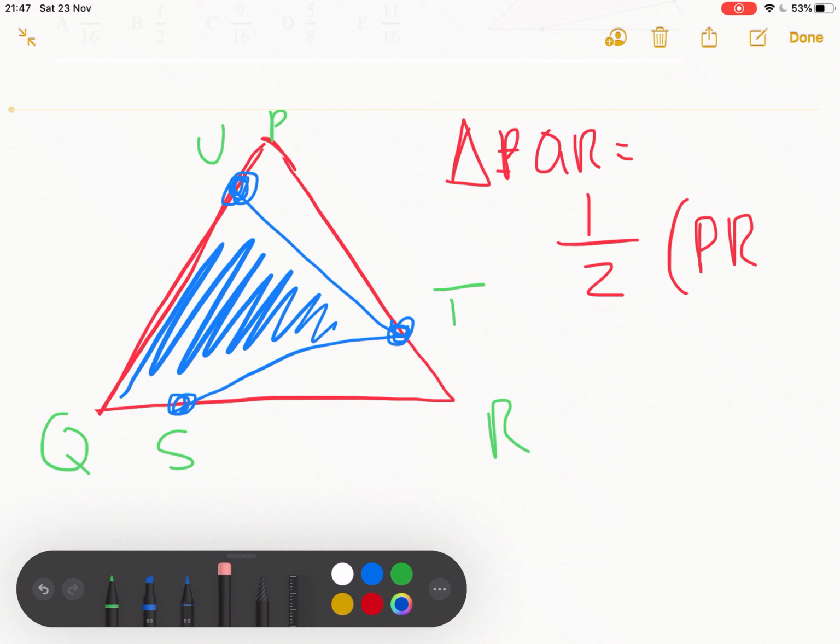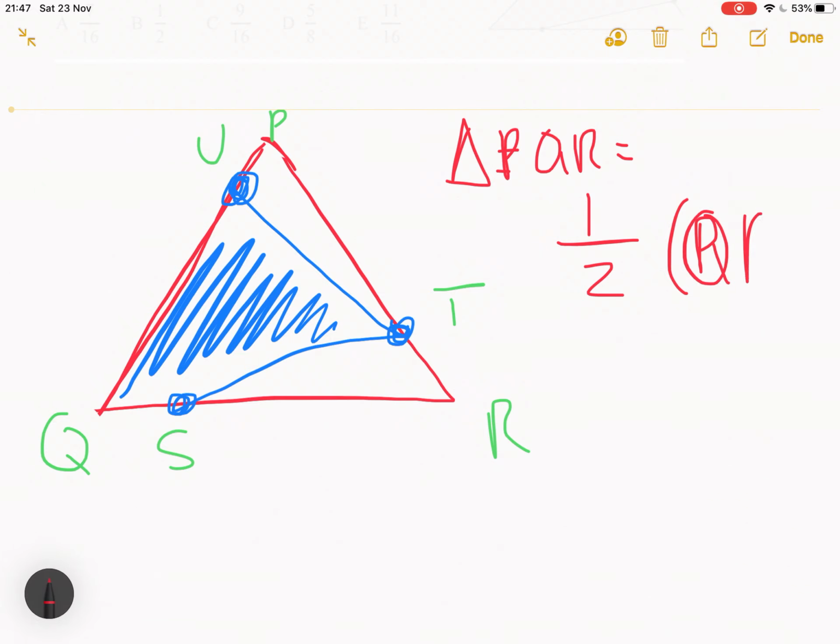So the triangle PQR is half of the base, which is QR, times its height.